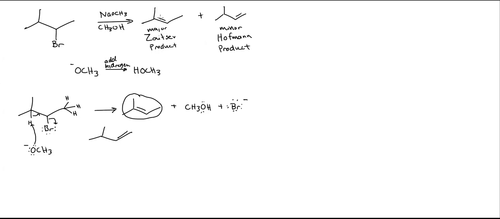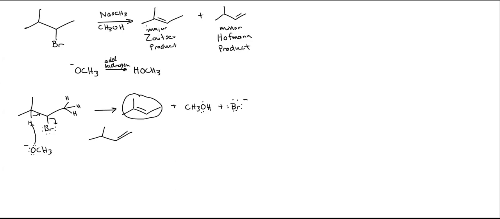Okay. And the reason we get this Zaitsev product more often is because this is more stable, right? This double bond is more stable because all these 3 alkyl groups around it have hyperconjugation, and they can basically kind of donate electron density to that double bond. All right. So hyperconjugation is why we get the Zaitsev product more. That's why it's the major product in this case.